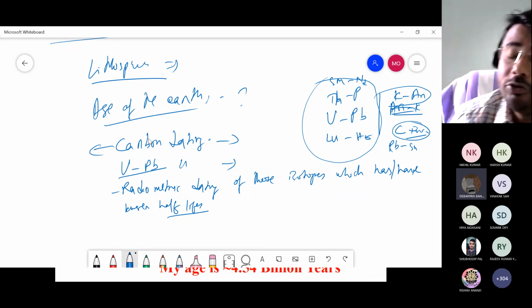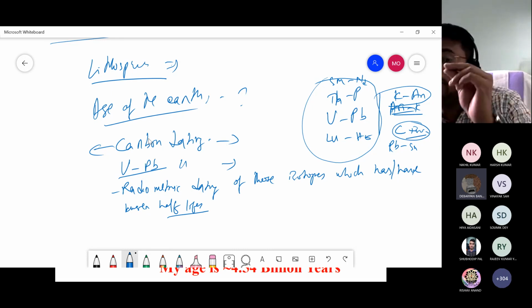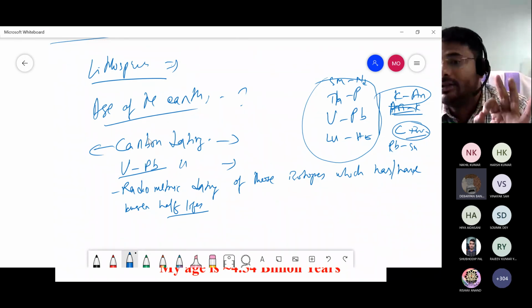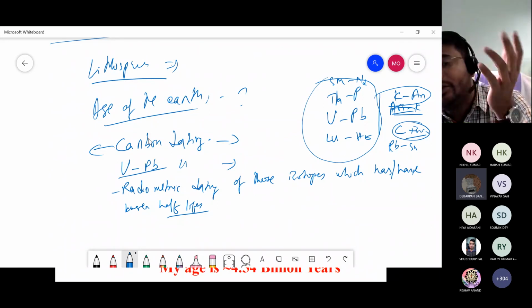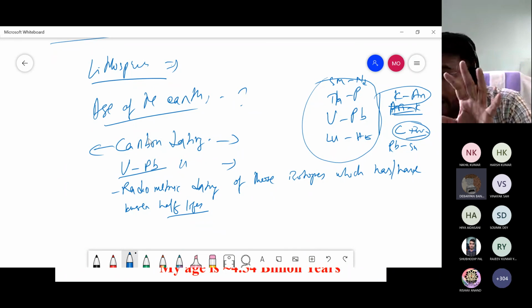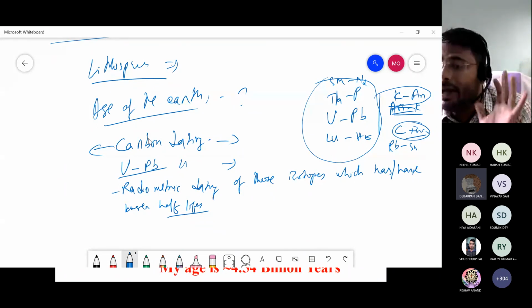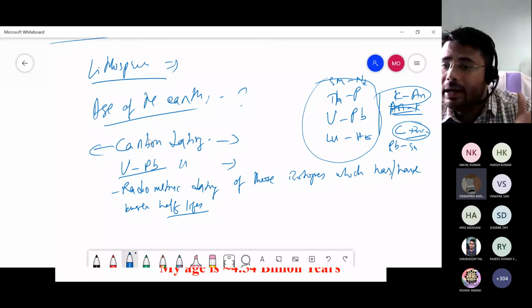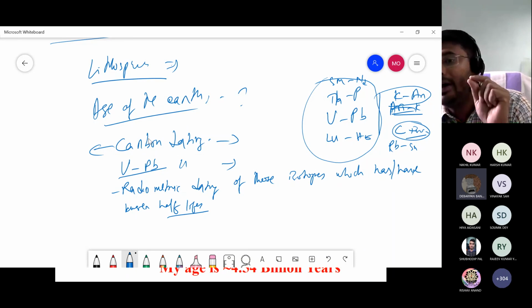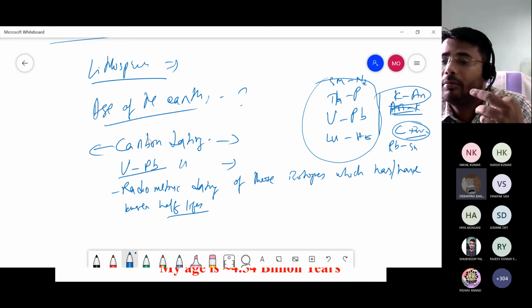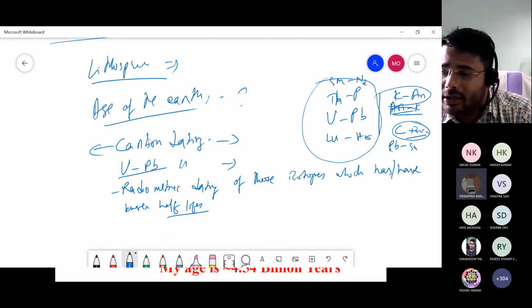If you have to trace back the age of the earth using carbon dating, it has limitations, because it is only used for organic components, and organic components on our planet came way later than the inorganic components. That means the abiotic component was there first, followed by the biotic component.